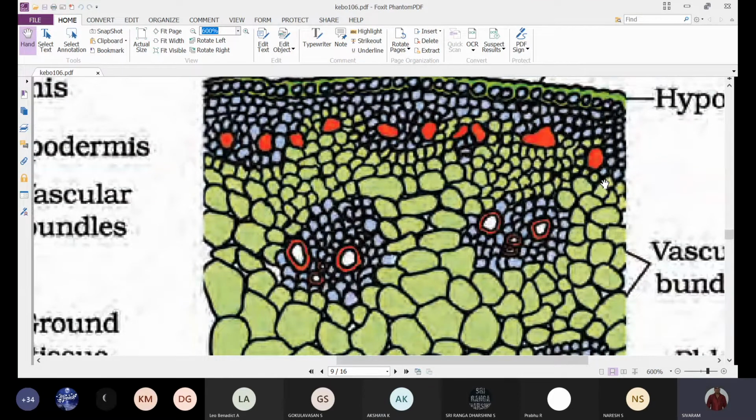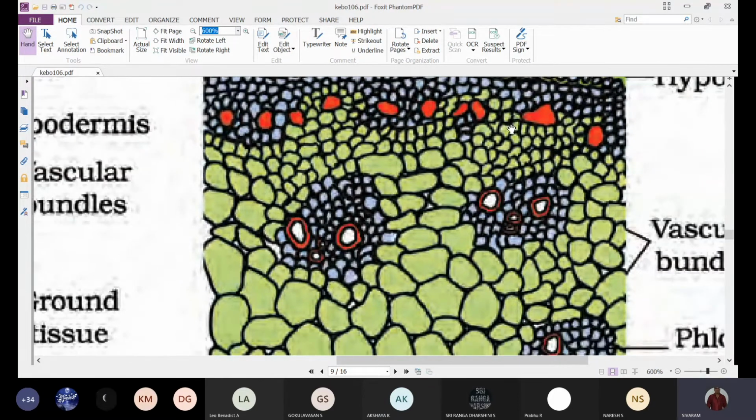And next, inner to the endodermis and above the phloem, we will find the pericycle, which is made up of sclerenchymatous tissue. And below that we'll find the phloem, and this is xylem.